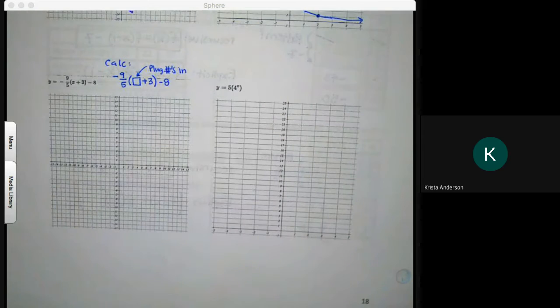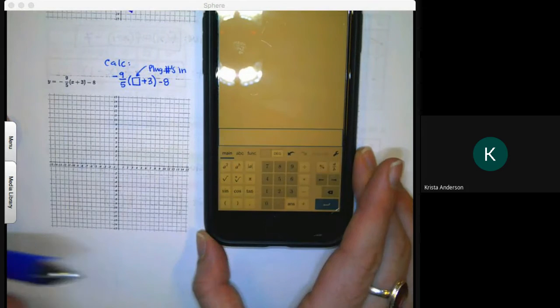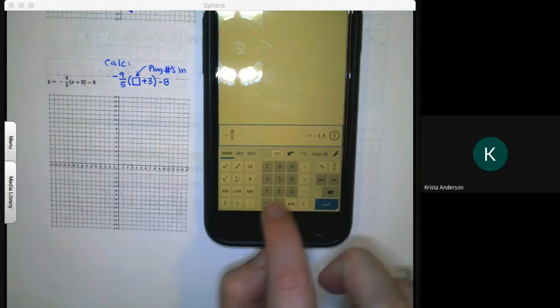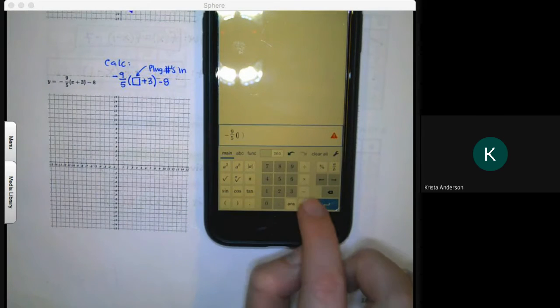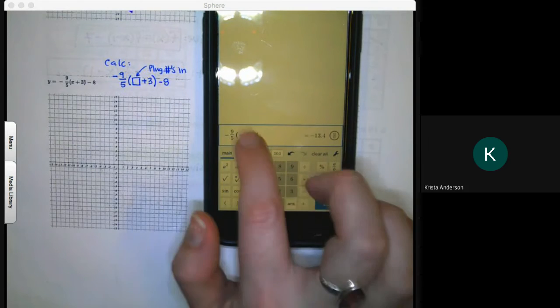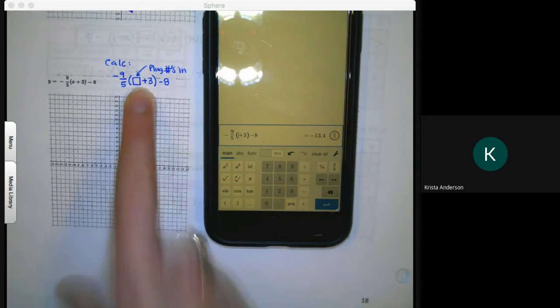On my calculator I would do -9/5, parenthesis, I leave a blank, plus 3, close, minus 8. Pick a number to plug in front of the plus 3.